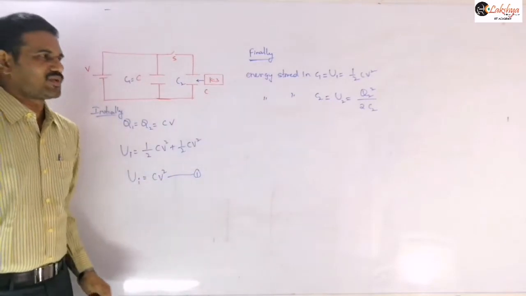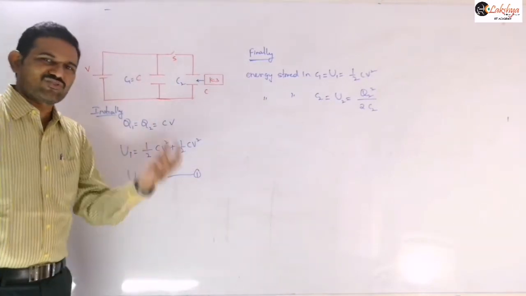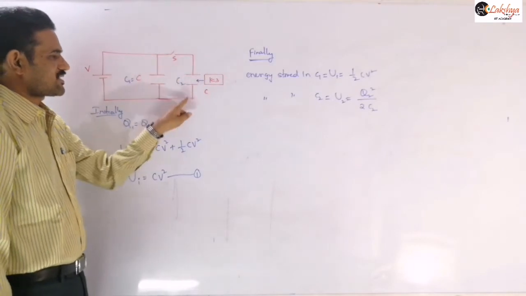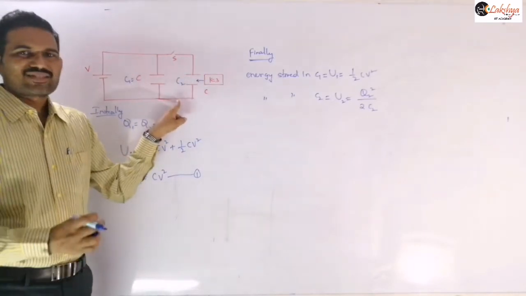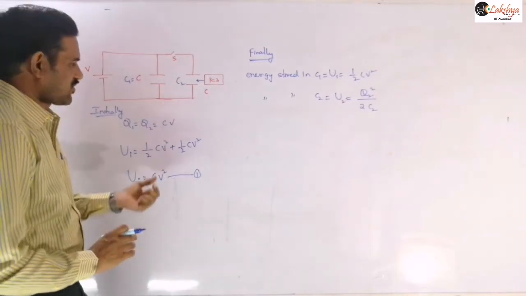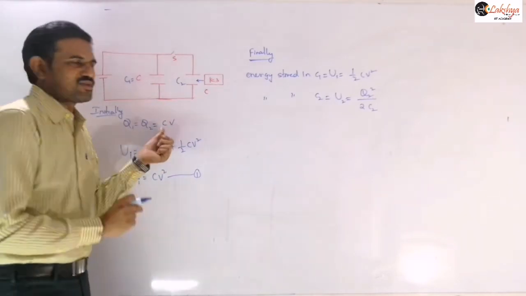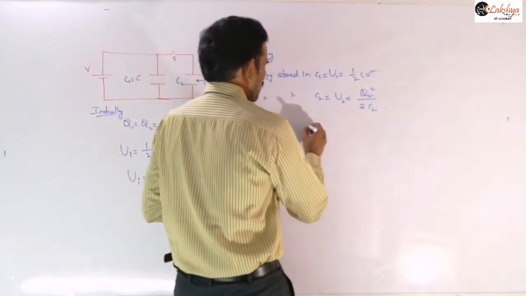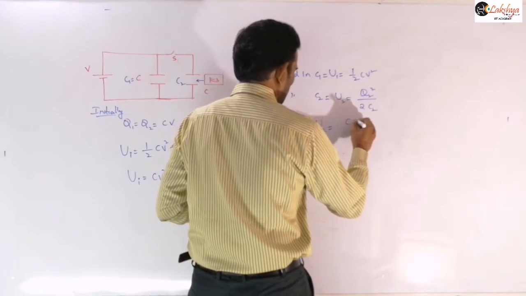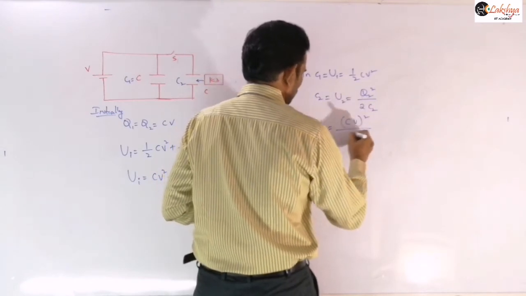I will substitute the numericals. I am using Q square by 2C because this capacitor is isolated. So the charge on the capacitor will remain constant once the capacitor is isolated. Whatever the initial charge is, the same amount of charge will remain here. Therefore, U2 is equal to Q2, which is CV, whole square by 2 into C2.